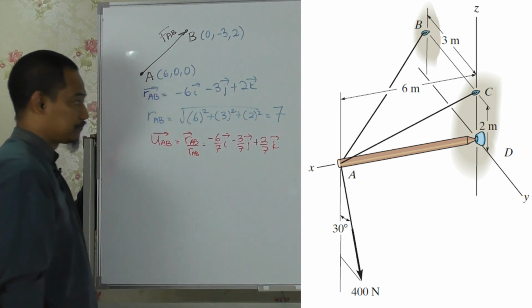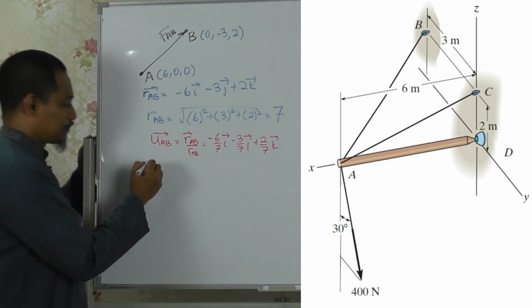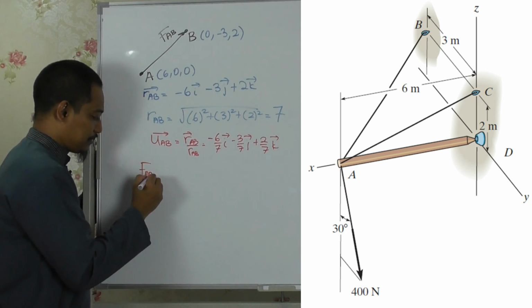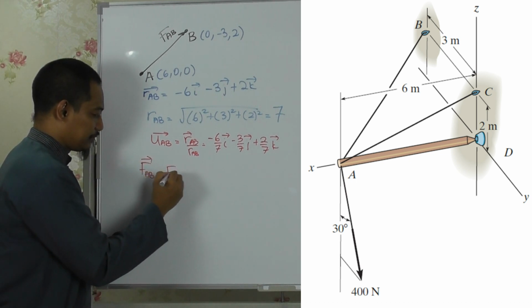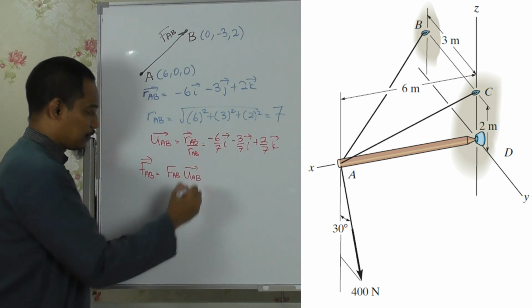And to get the force vector, FAB is just the FAB magnitude times the unit vector of AB.